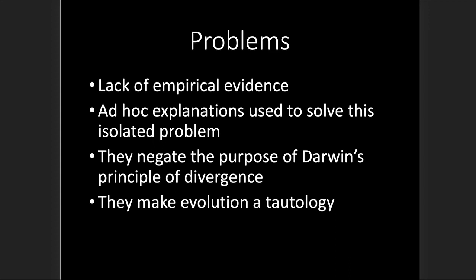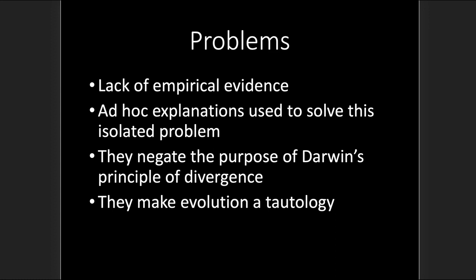Evolution predicts X. We discover not X. Oh, that's fine. We can predict that too, or we can explain that as well. So evolution can explain anything, and it loses its scientific value. I'm reminded of the phrase "round up the usual suspects."